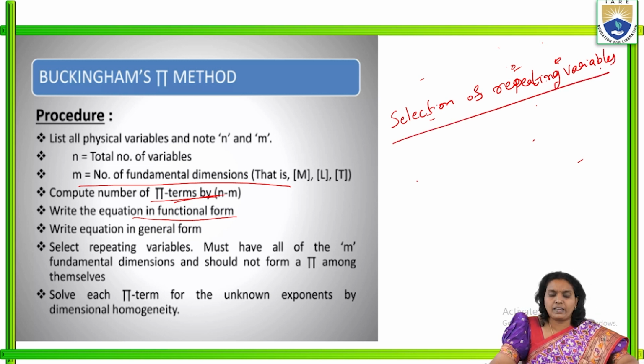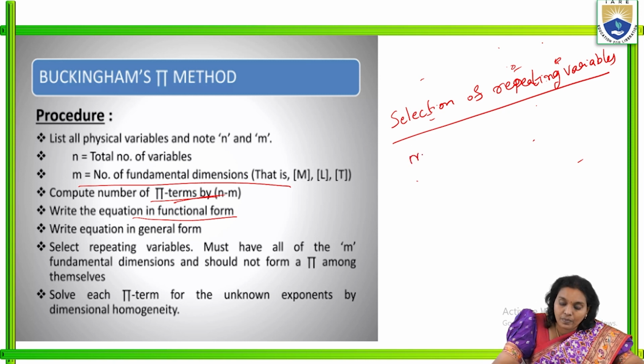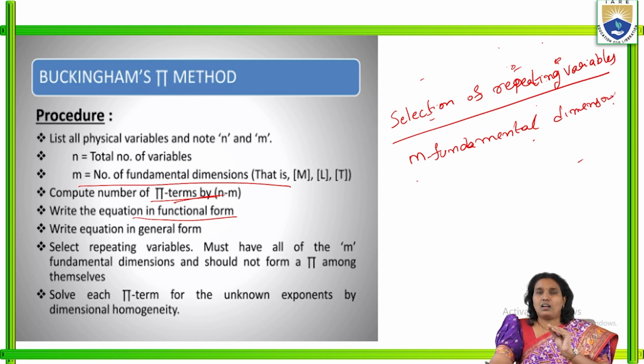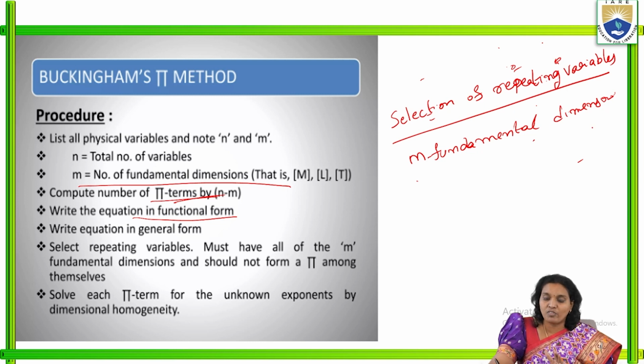Coming to the selection of repeating variables. They must have all M fundamental dimensions. That is the first thing. M fundamental dimensions, again it is the same. It is not necessary for each variable. Whenever we are selecting repeating variables, for example 4 repeating variables, it depends upon how many variables and fundamental dimensions there are.